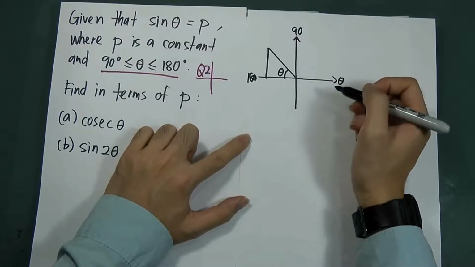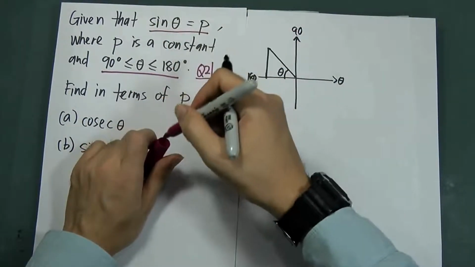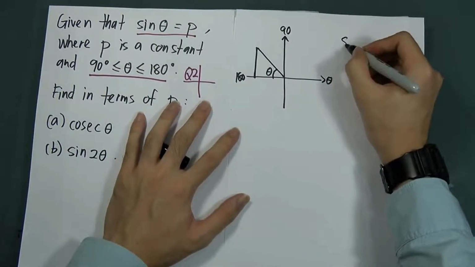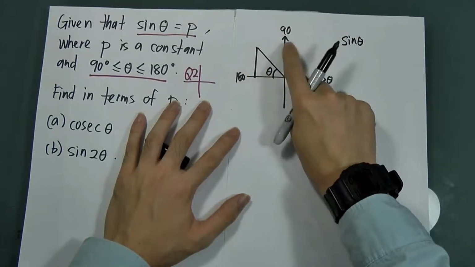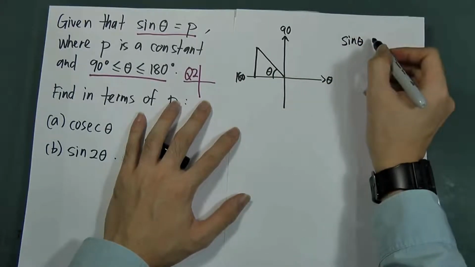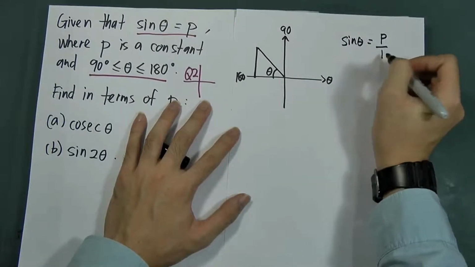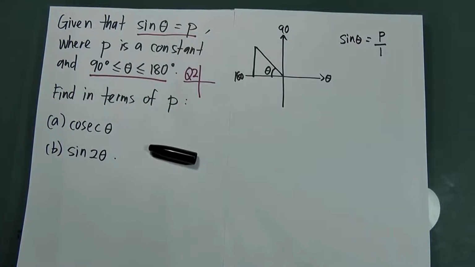Now the other very important information: what is the meaning of sine angle equals P? We know sine angle is opposite over hypotenuse. Sine angle equals P means P over 1, because P over 1 is P. Every number over 1 gives back the same number.